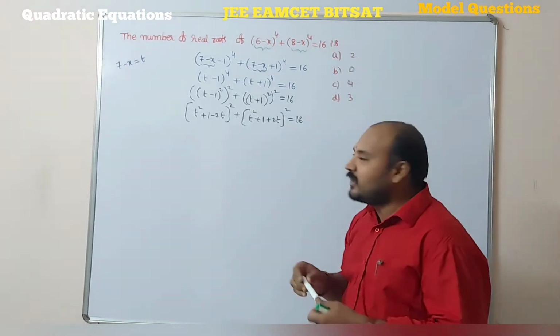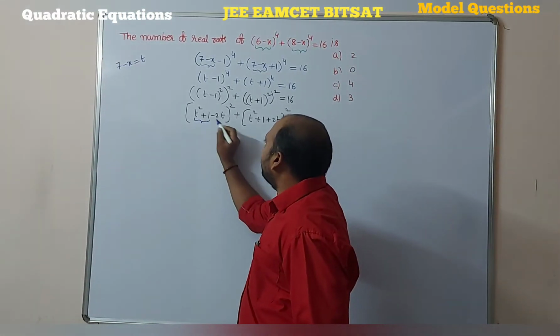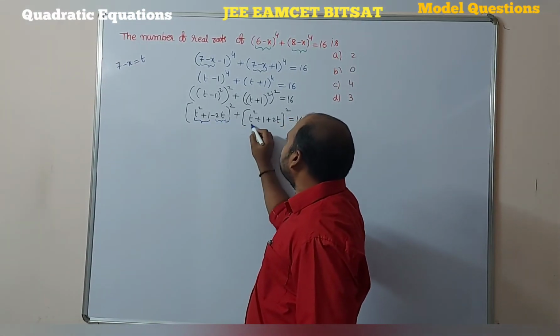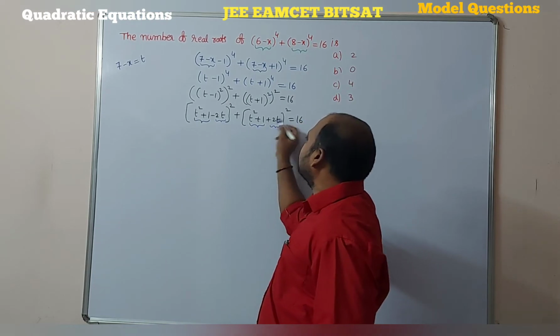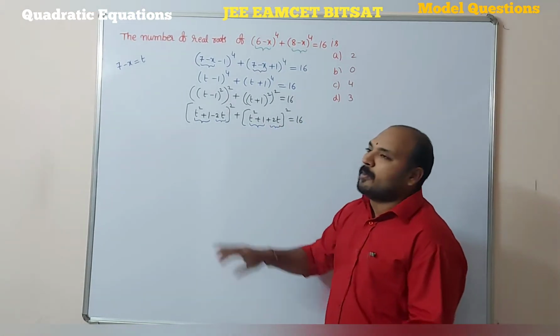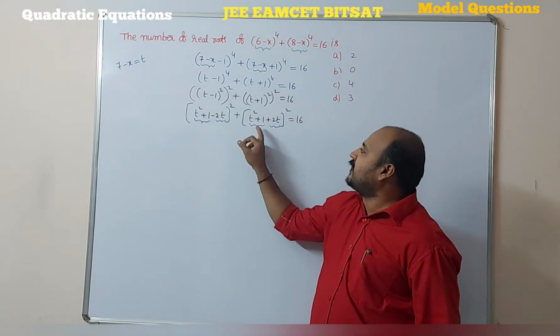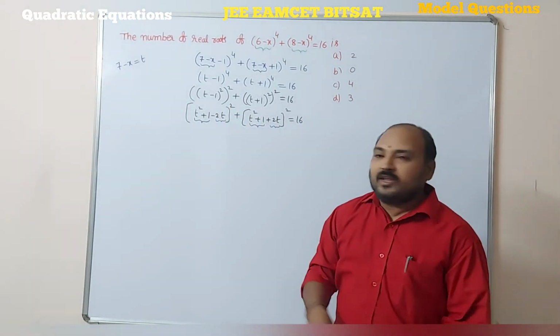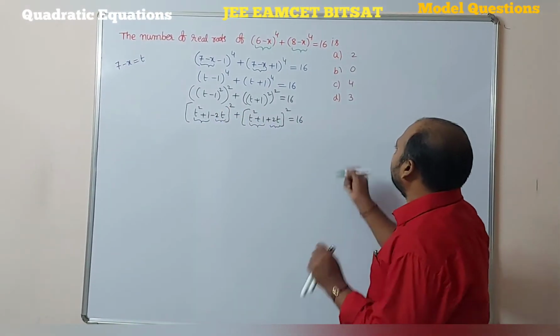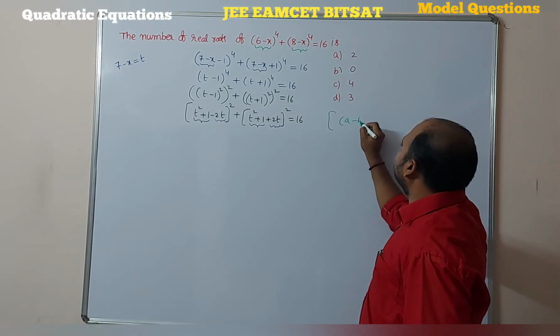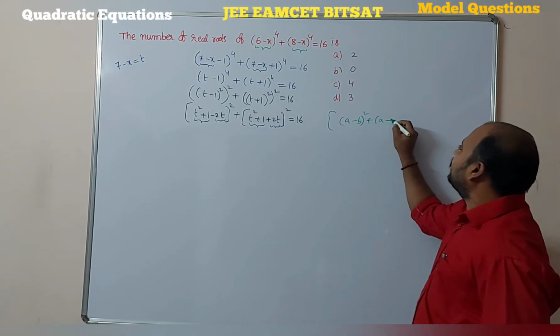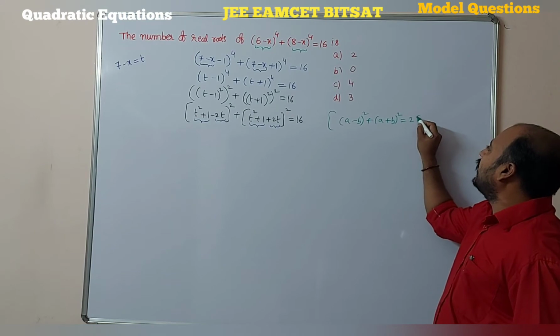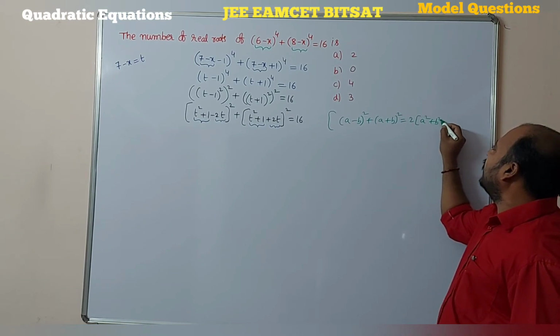Observe, dear students, here t² + 1 is one term and 2t is another term. So it is in the form of (a − b)² + (a + b)². We know that the formula for that: (a − b)² + (a + b)² is equal to 2(a² + b²).